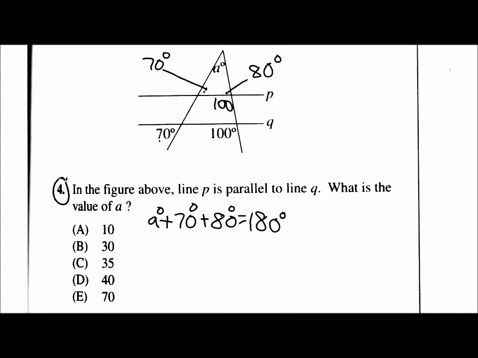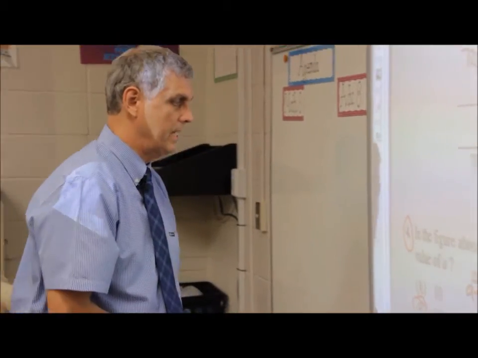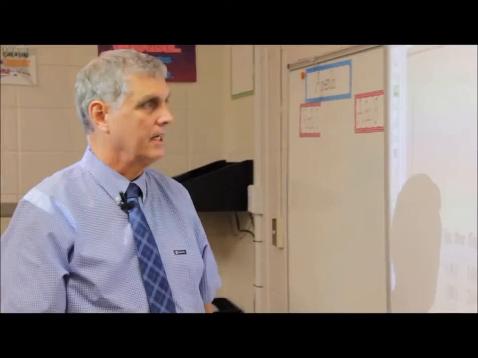We'll subtract 150 from this side, and we'll subtract 150 from that side, and we see that we end up with 30 degrees is going to be what A is, and we look over here and we see it's B.